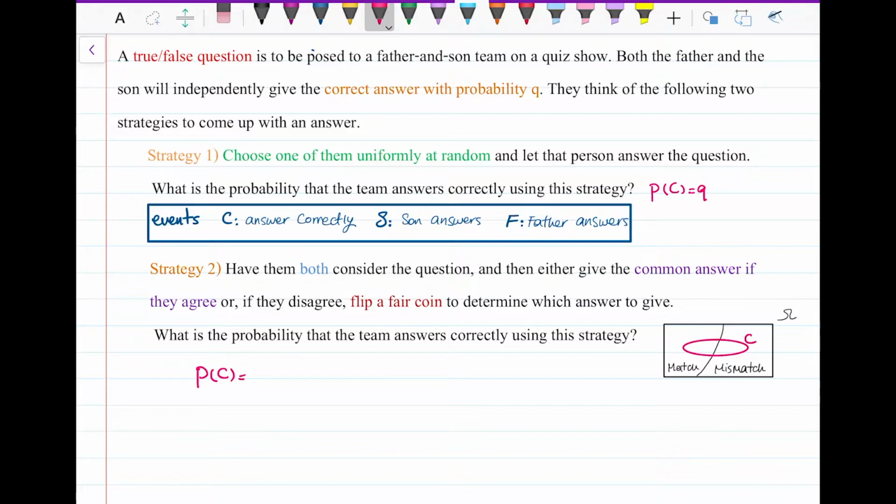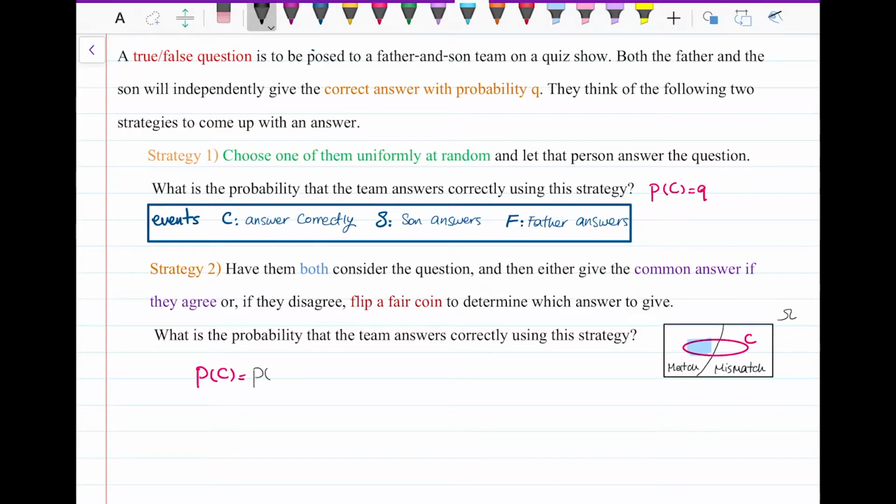Okay, so the probability of being correct, by the total probability theorem, would be the probability that their answers match and it's correct, which is basically this blue area.